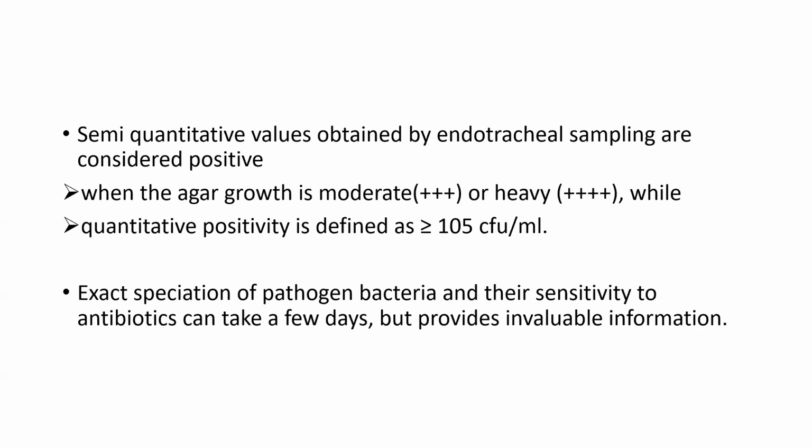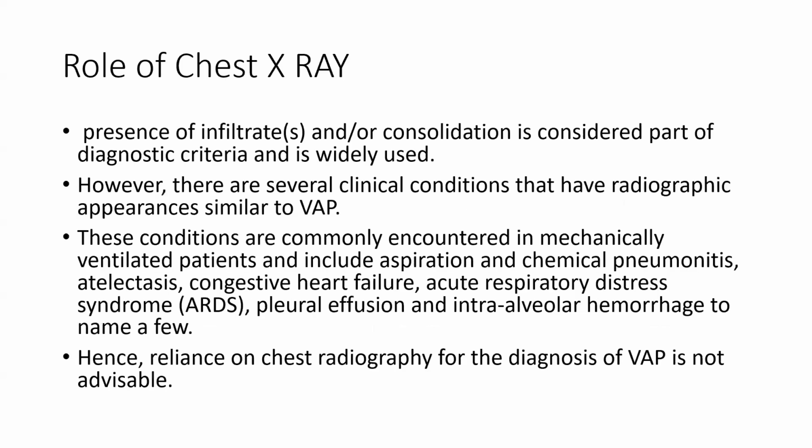Now, the exact nature of the pathogen and the sensitivity will take a few days and will give us valuable information. Now, the role of chest X-ray. As we have seen, the presence of infiltration is one of the diagnostic criteria for VAP. But there are many conditions we encounter in the mechanically ventilated patient which will cause bilateral infiltration, like aspiration, chemical pneumonitis, atelectasis.